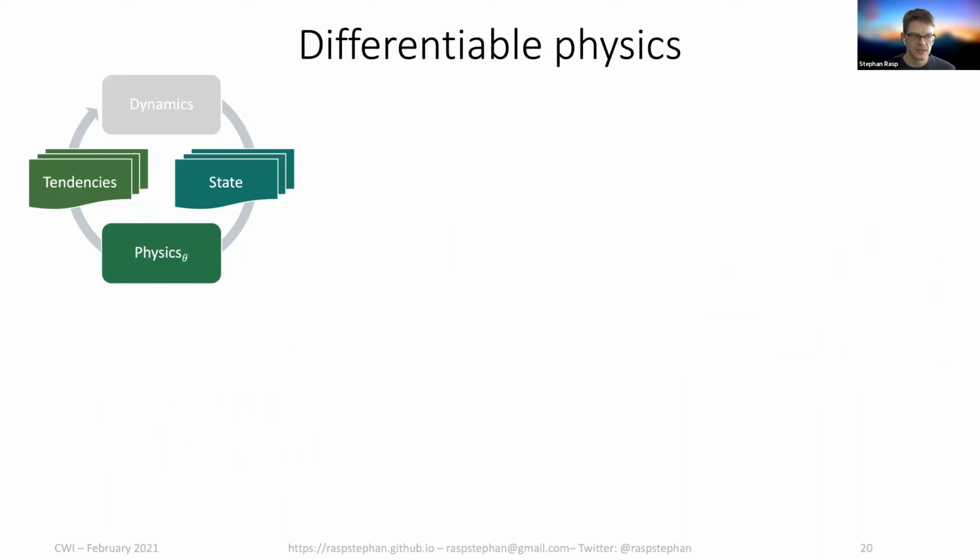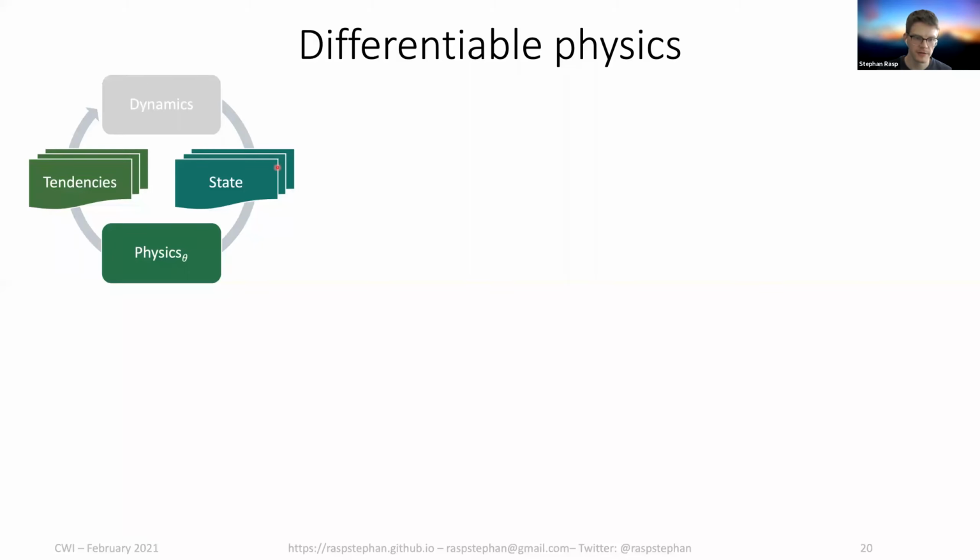Now, what are some approaches that would solve this problem? I'm going to present two here, basically one gradient-based approach and one non-gradient-based approach. Now, differentiable physics is something that's much talked about and is really an exciting idea.